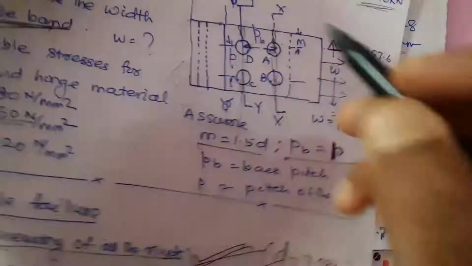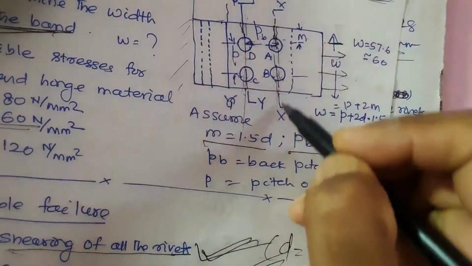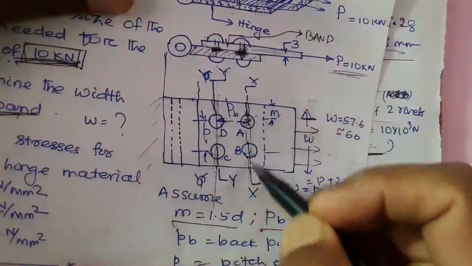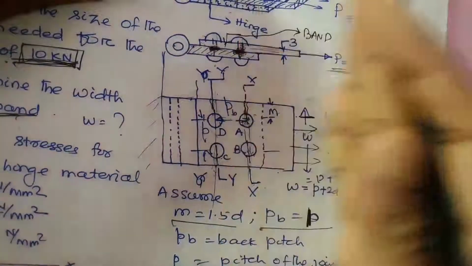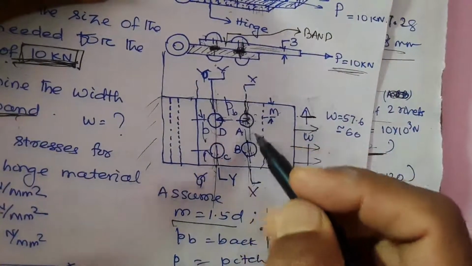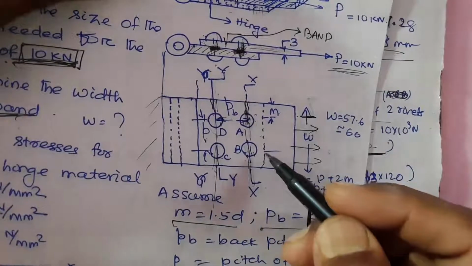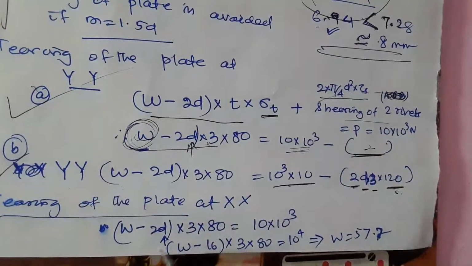Now the plate may tear at XX. When it is tearing at XX, there are no other rivets in front of it, so it will be completely separated. So it will be W minus 2D into T into the tensile strength.